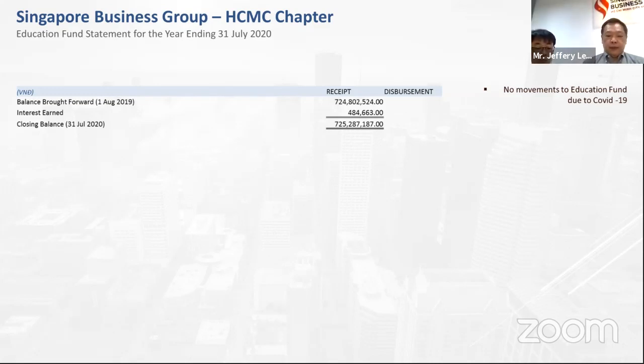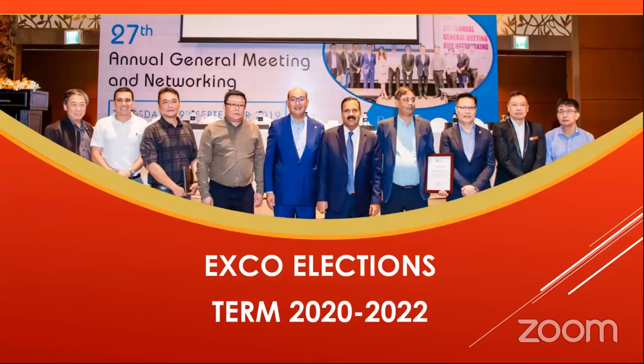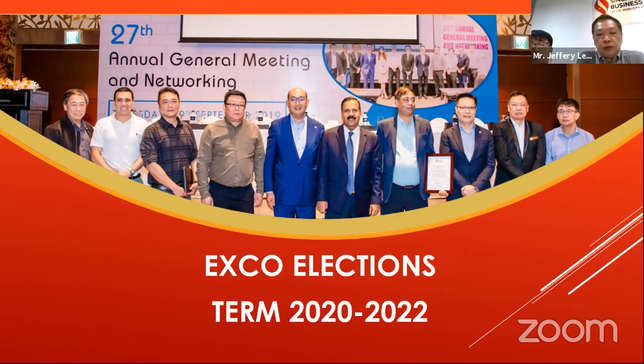So now we come to the portion of the next executive committee election term, year 2020 to year 2022. Just to inform some of our members who may be new to us, we have our executive committee serve a 2-year term.